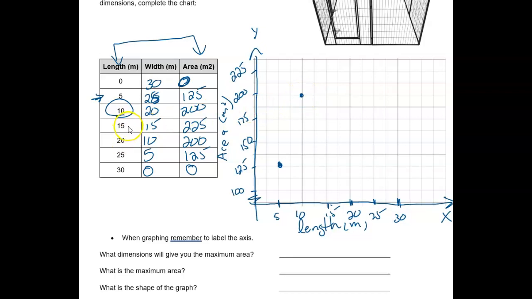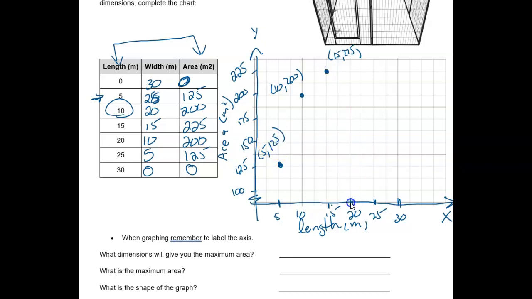When it's 15, area is 225. And you could write these because these do represent ordered pairs. So 15, 225; 10, 200; and 5, 125.